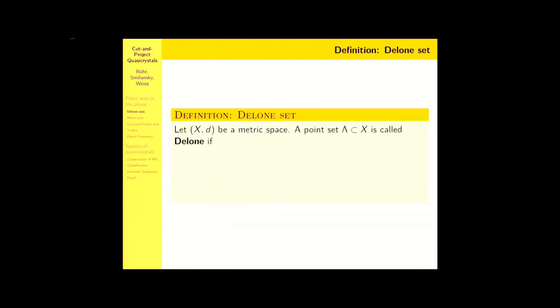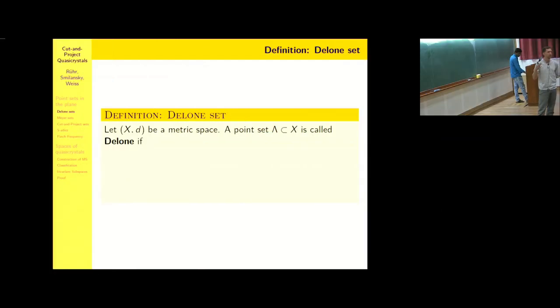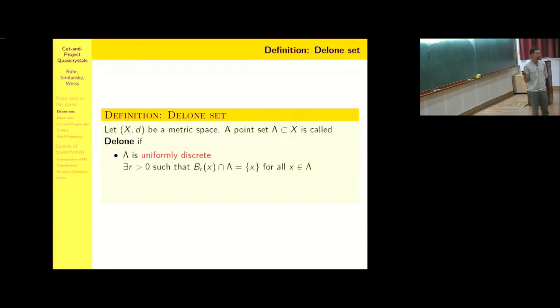Okay, I'll start by defining what a Delone set is. A Delone set is a discrete point set in some metric space where you force two properties. The first one is that it's uniformly discrete.